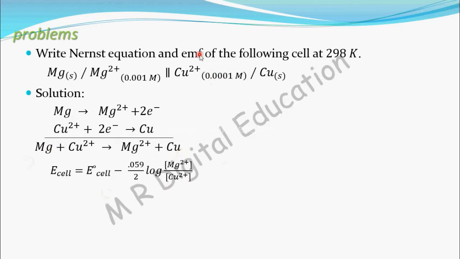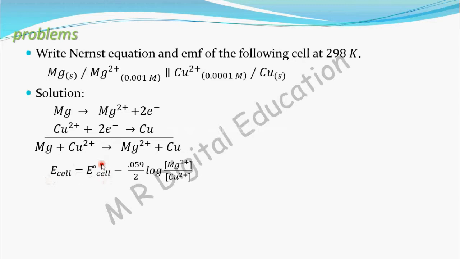Now you have to find the EMF of the cell. To find that, you know the concentration of magnesium ions is given here, and the concentration of Cu2+ ions is given here, and you don't know E naught cell to calculate this E cell.